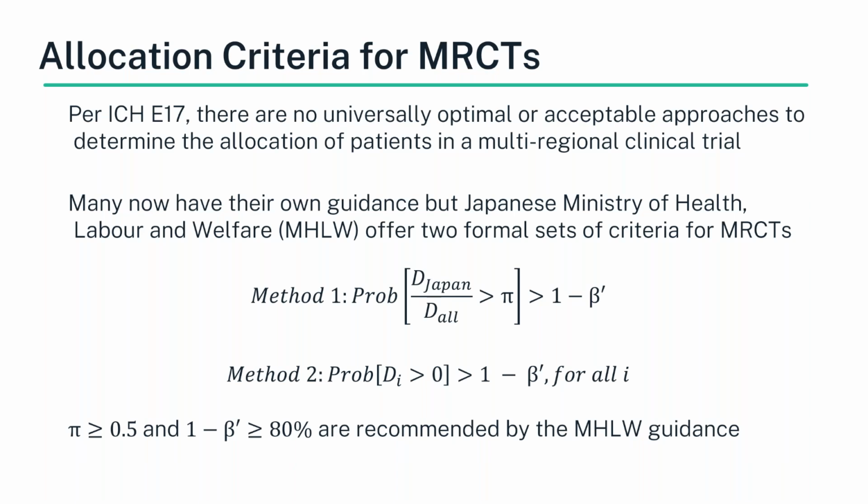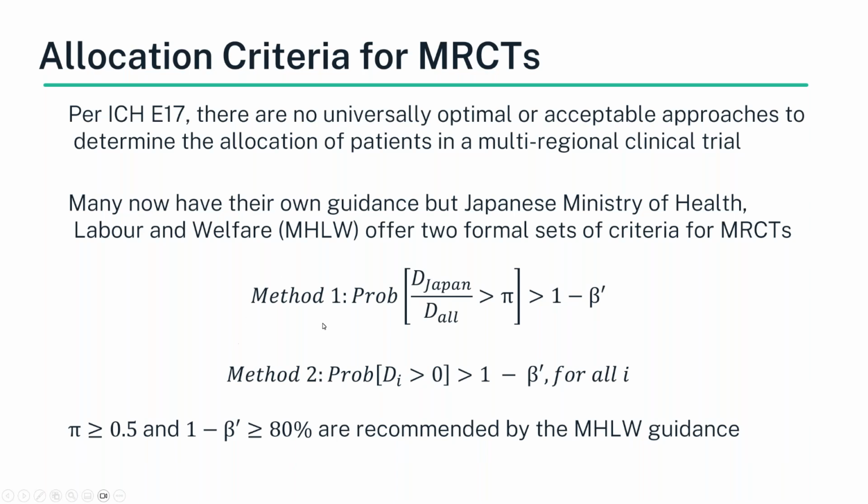And so that's what's defined here, and that's what is missing from a lot of the other guidances in terms of a formal guidance for that definition. And so here, consistency is represented by 1 minus beta dash, and values of 80% or higher are recommended in the guidance for this value of consistency.